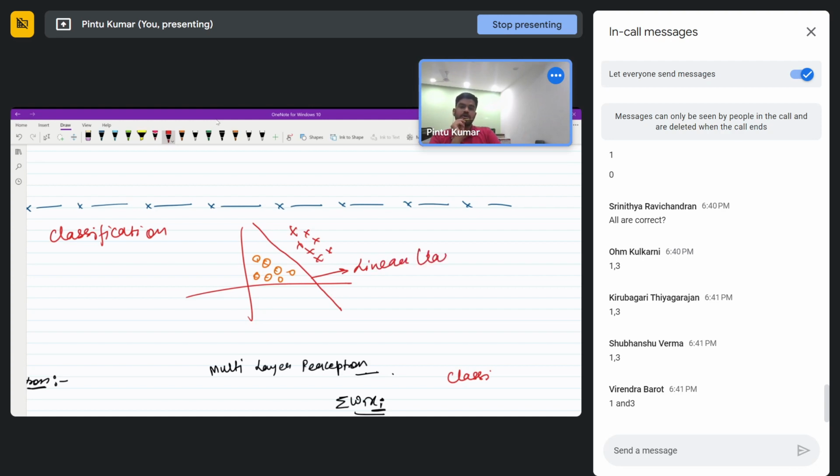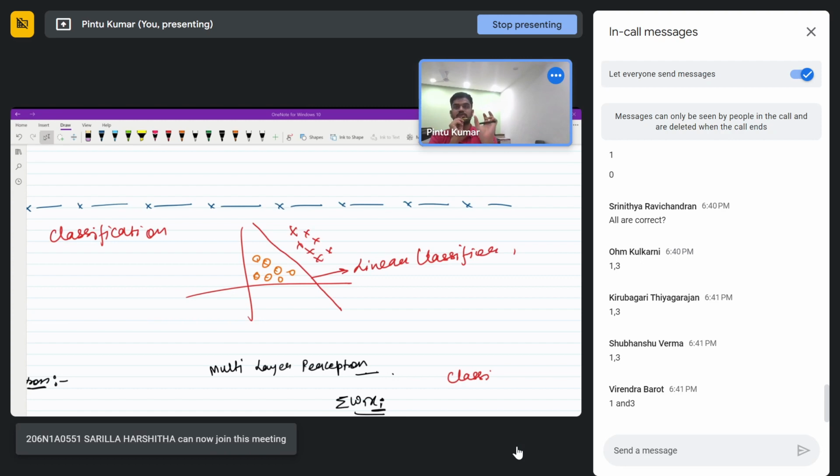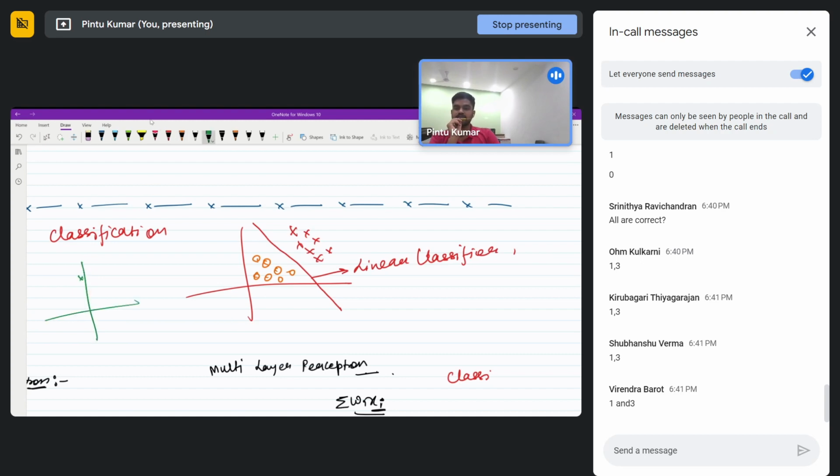But these linear classifiers, if you talk about real world data, are not very powerful, in their true sense. Let's say, I'll take a very small example that would be very clear to you. Let's say this is another type of data point where you have these two types of points, that is cross and circle.